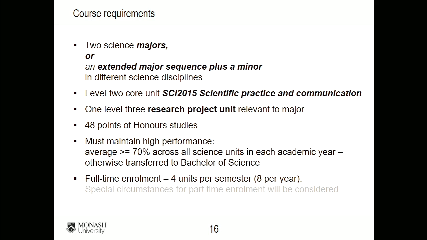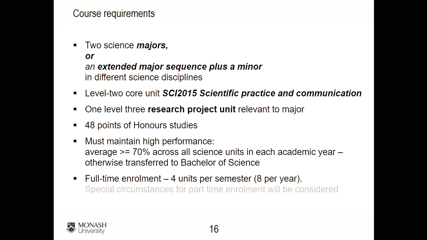You need to maintain a high performance, so you need to maintain an average of 70% across all science units in each academic year. Otherwise, you'll be transferred into a straight Bachelor of Science. Although obviously we encourage you to aim a lot higher as well.